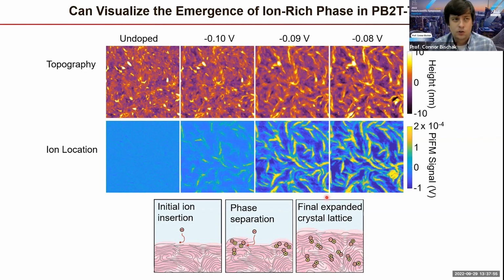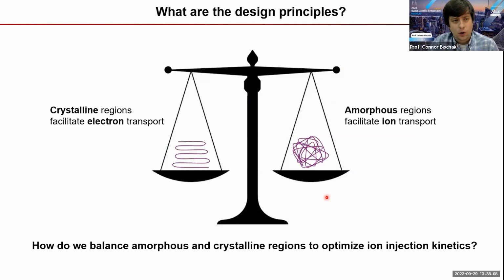Okay, so this was one of the first things we looked at, but we also wanted to take a step back and really understand the design principles behind these systems. And so the question that we had is, we know that electron transporters, or polymers that are good at electron transport, are very, very crystalline. But polymers that are good at ion transport are very amorphous.